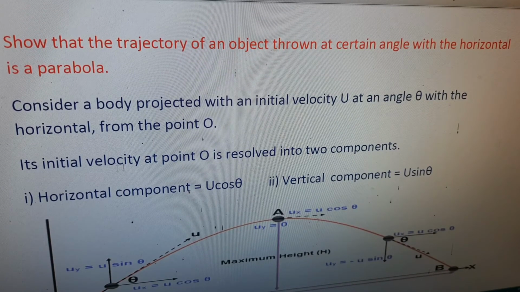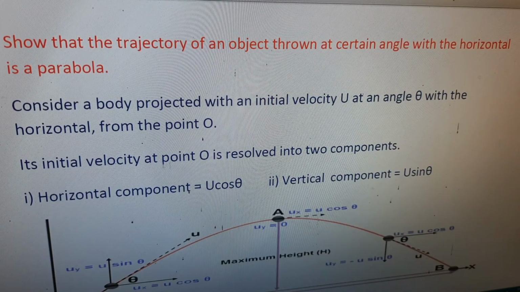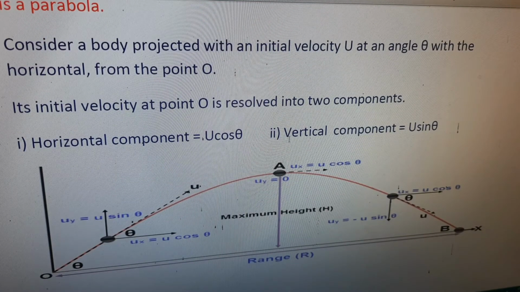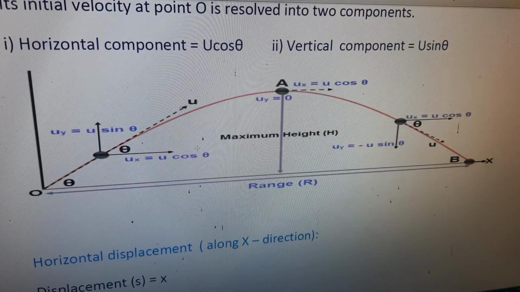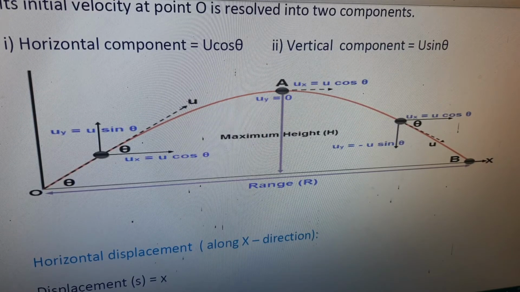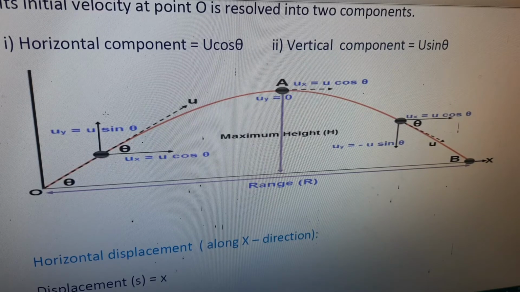So its initial velocity at point O is resolved into two components. The horizontal component is equal to u cos theta, and the vertical component is equal to u sin theta. When we observe this figure, this is the origin and the projected angle is theta, and we throw with a certain initial velocity u, and this initial velocity we resolve into two components, u cos theta and u sin theta.